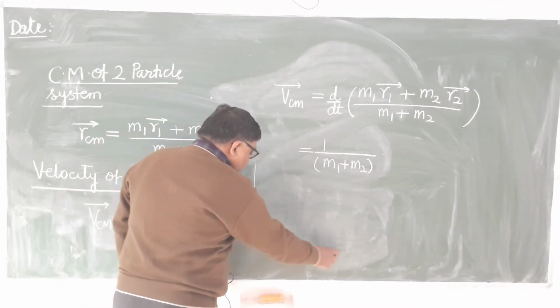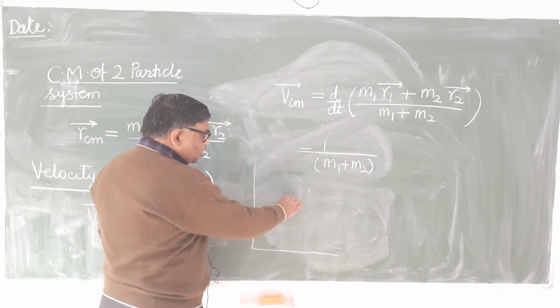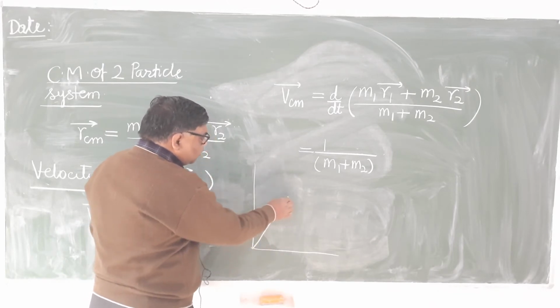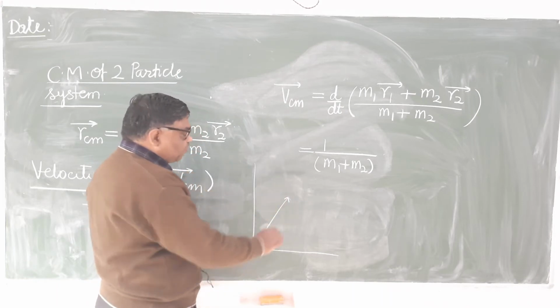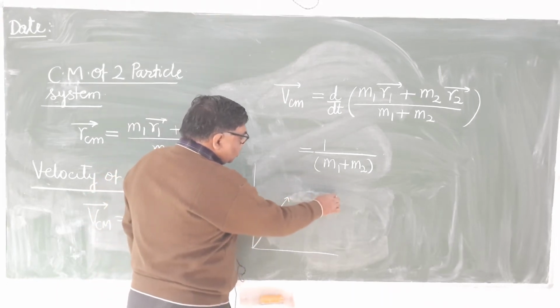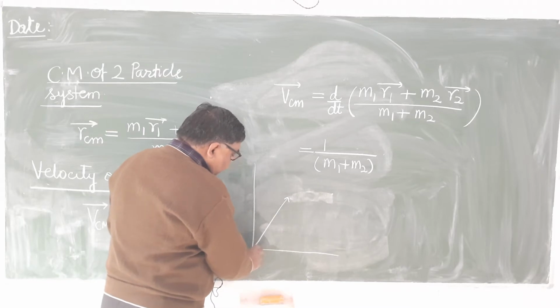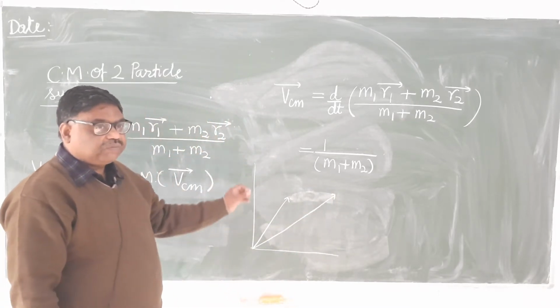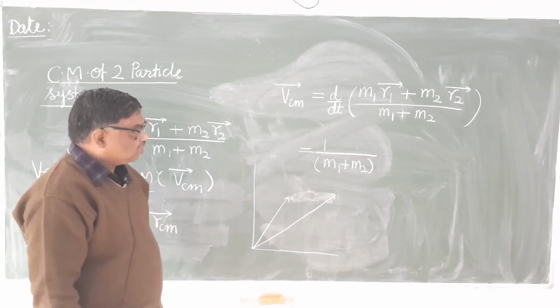Suppose this is the coordinate plane and the body is here, so the position vector of this particle is this. But when the body moves from here to here, the position vector of the particle becomes this. So this is the position vector which is going to change.